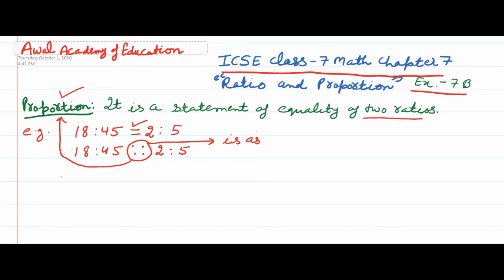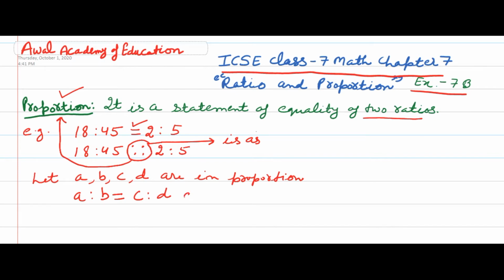Now, one more important thing you have to keep in mind: let A, B, C, D be in proportion, right? For these ratios to be in proportion, we will write them as A ratio B equal to C ratio D, right?